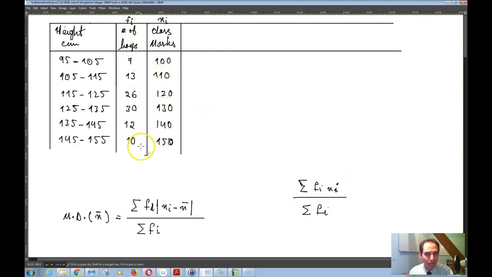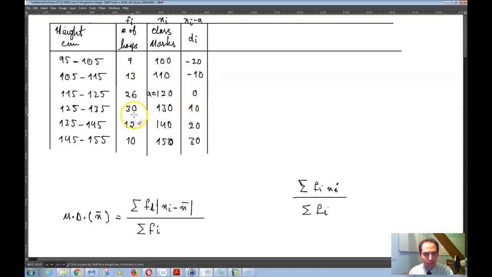Well, the numbers are a bit large, so I'm going to take, for example, this number as the assumed mean of the data, and then write d of i as x of i minus a to make my x of i's a little bit smaller. So 100 minus 120 is negative 20. 110 minus 120 is negative 10. 120 minus 120 is 0. 130 minus 120 is 10, 20, and 30.